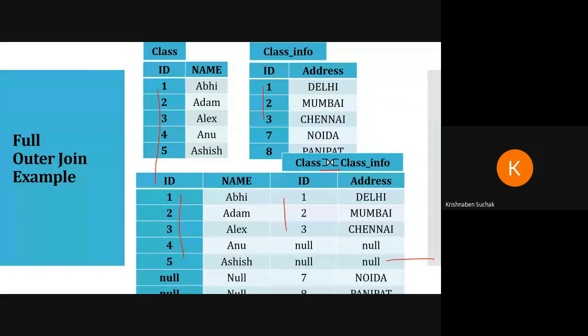Then I have values 7 and 8, that is Noida and Panipat, so I write those here. But I do not have ID and name for 7 and 8 in the class table, so I write null. This is full outer join. Am I clear?